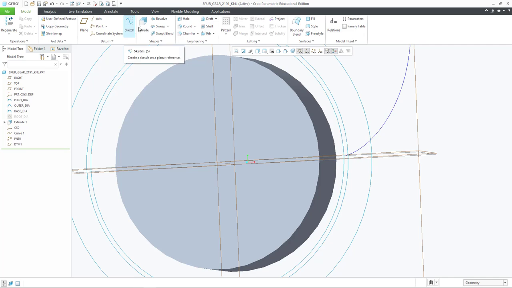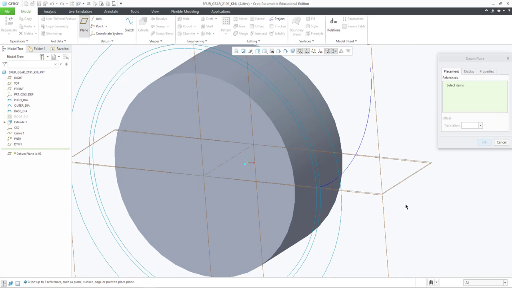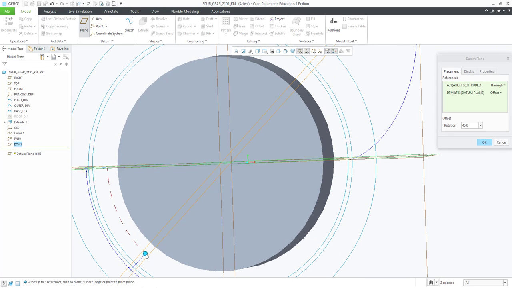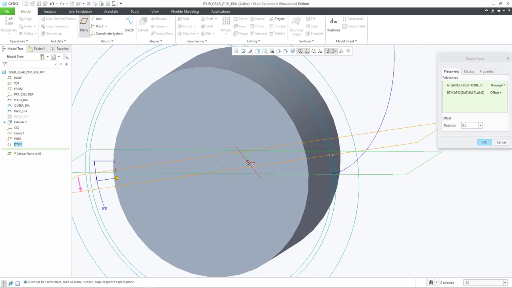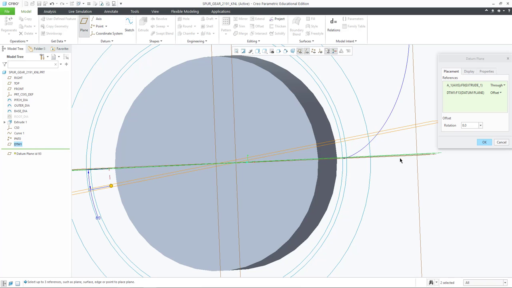So we're going to make another datum plane that's going to show the mirror plane for the gear tooth. So we're going to go from datum 1 and the axis, and we're going to have an angled plane through the center line, offset from the datum that we made.